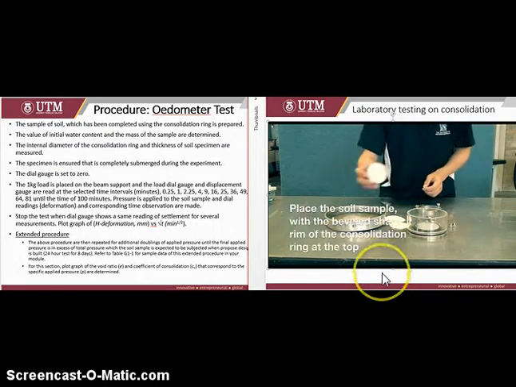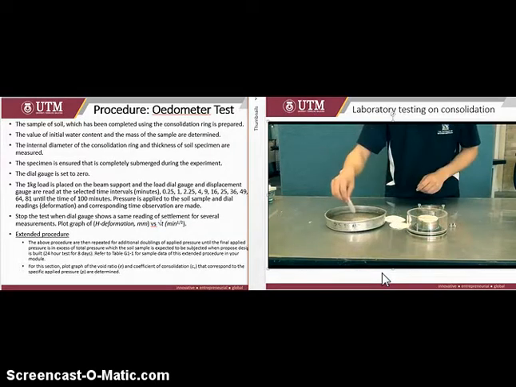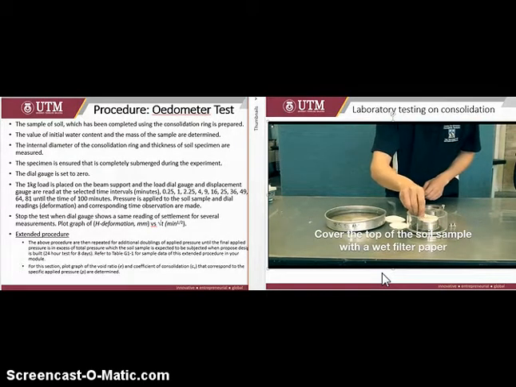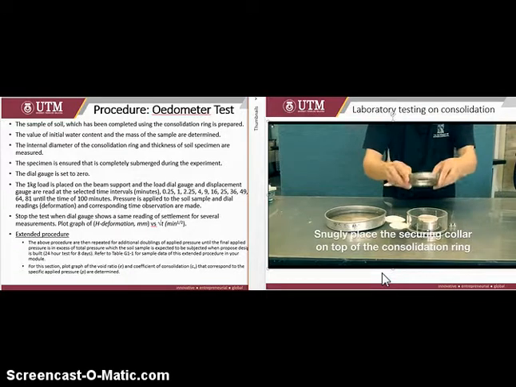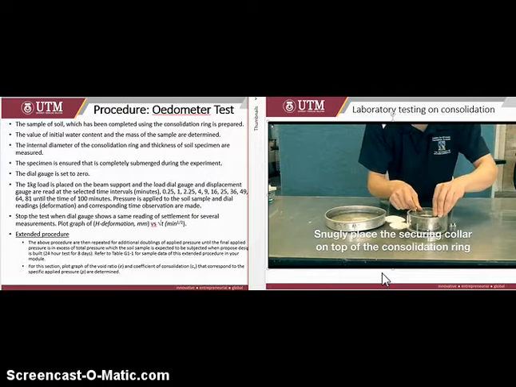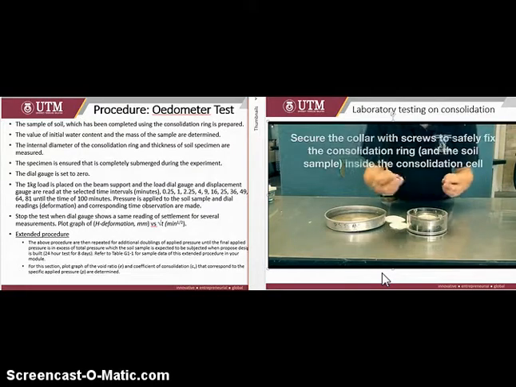Next, take the soil sample, and again put wet filter paper. Then place the secure collar at the top of the consolidation ring. So take the screws or the bolts.